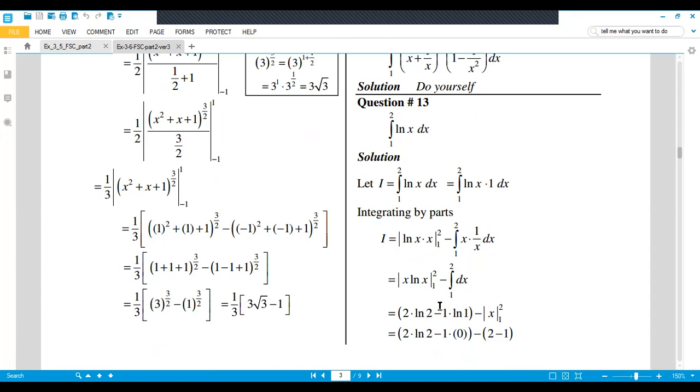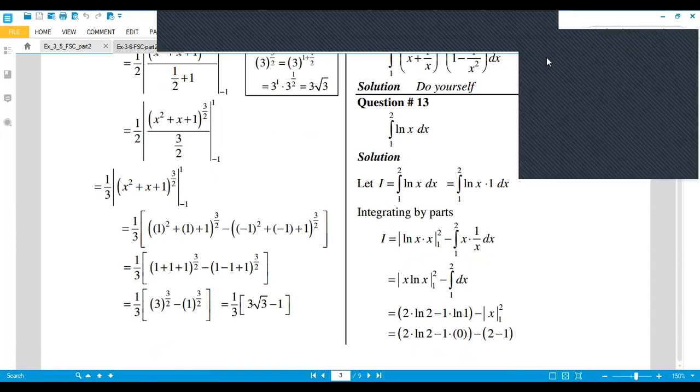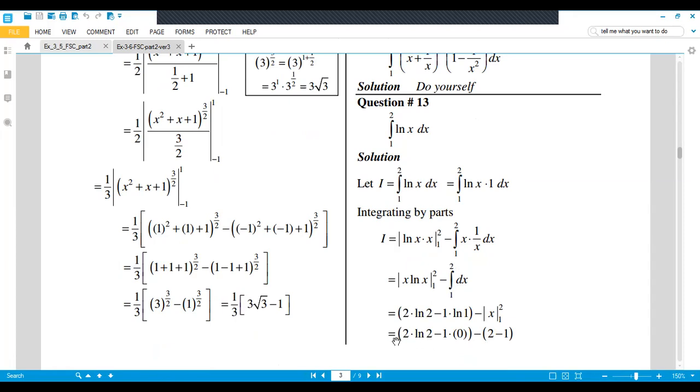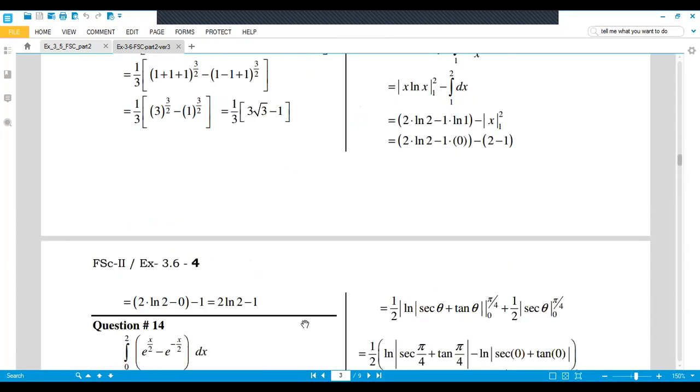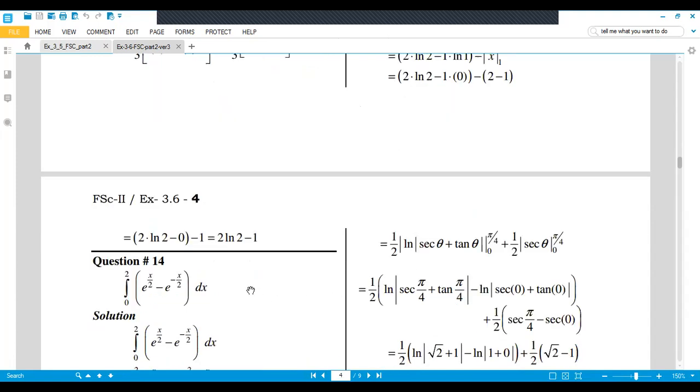In place of x you put the lower limit, minus here x, and you put 2 minus 1. So this is 2 natural log of 2; natural log of 1 is 0. So we get 2 natural log of 2 minus 0 and minus 1. So 2 natural log of 2 minus 1 is the required answer of number 13.